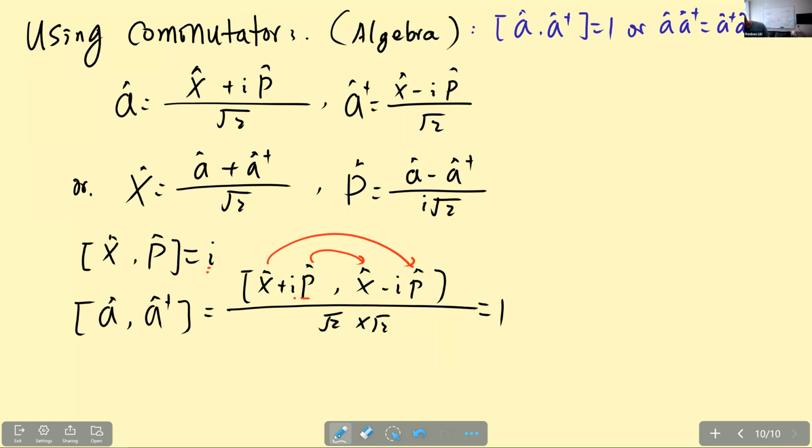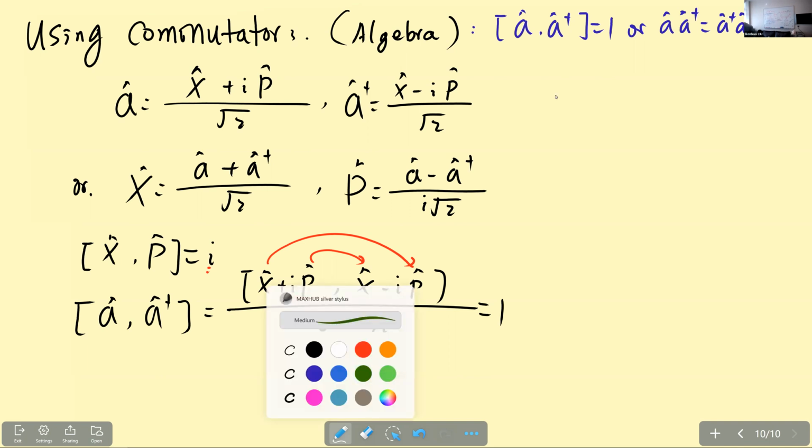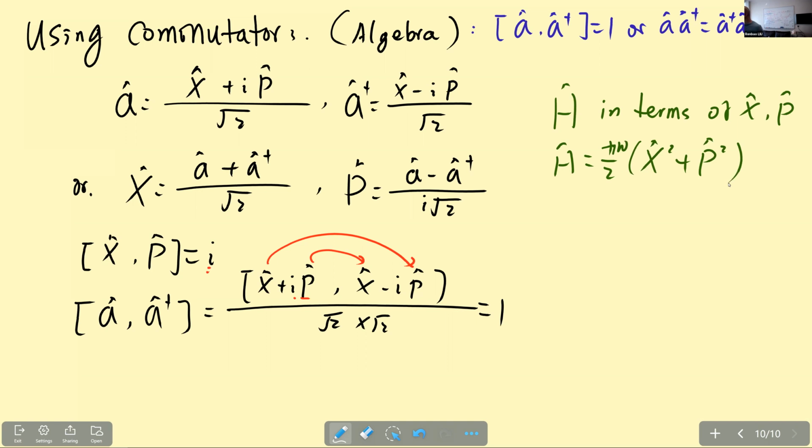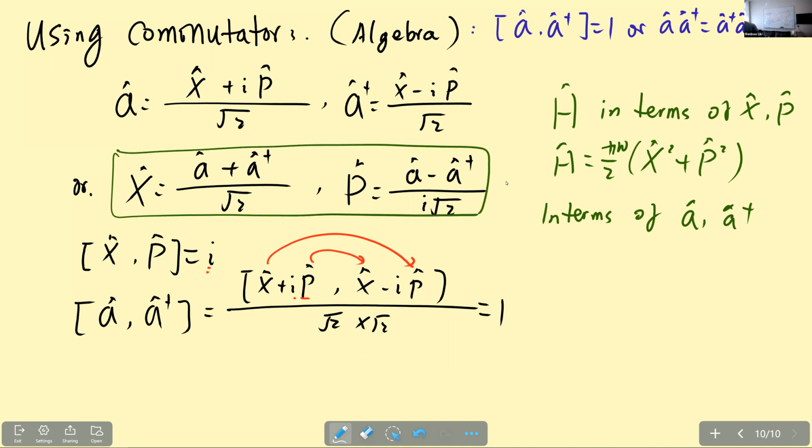Right. And the Hamiltonian. So by a little bit of algebra, the Hamiltonian in terms of x and p was one half h bar omega times (x squared plus p squared), right? And then in terms of A and A dagger, what I need to do is insert this into this one, so you can obtain that.